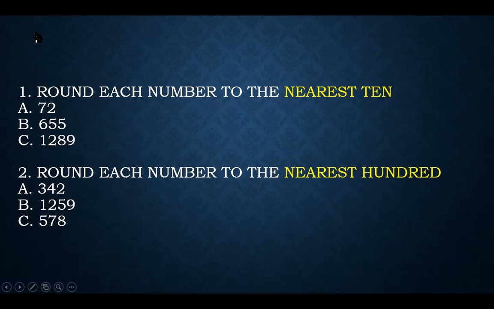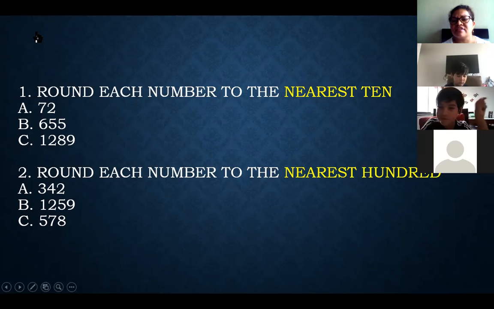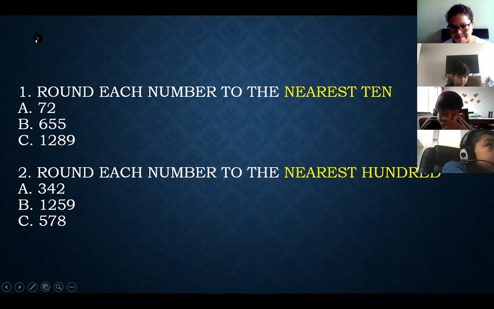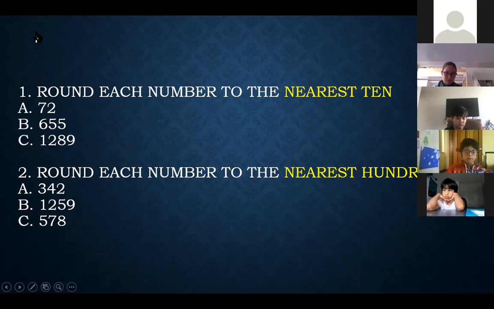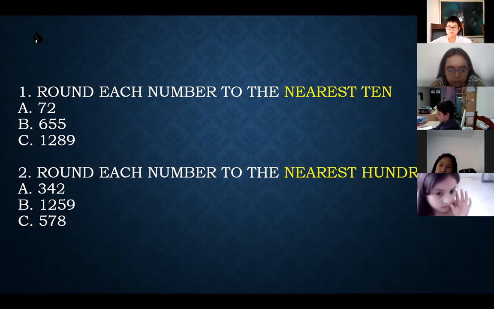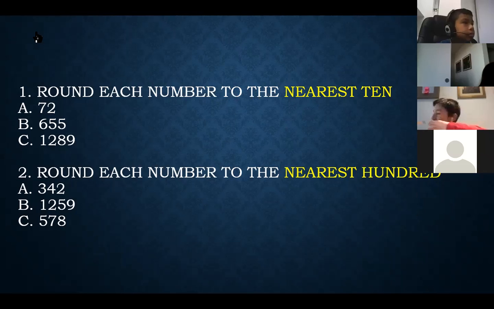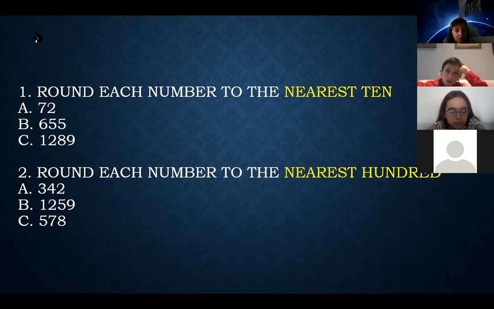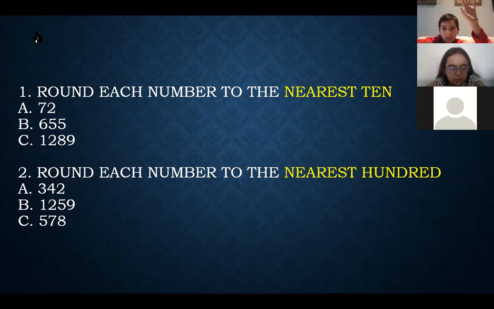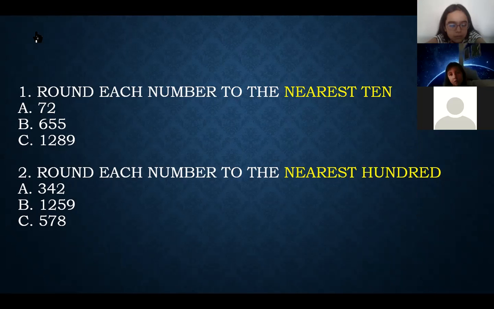Letter B. Okay, let's see. Jaciel. 50. Say it again. Nearest 10, Jaciel. 50. Remember, nearest 10.